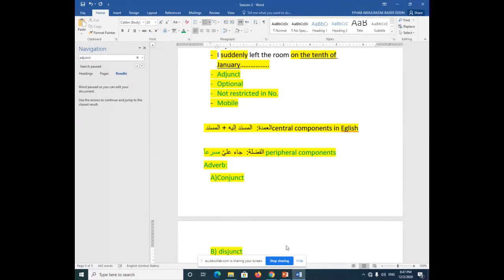A conjunct is used as a connective link or word, and it has a connective function, like for example, however.